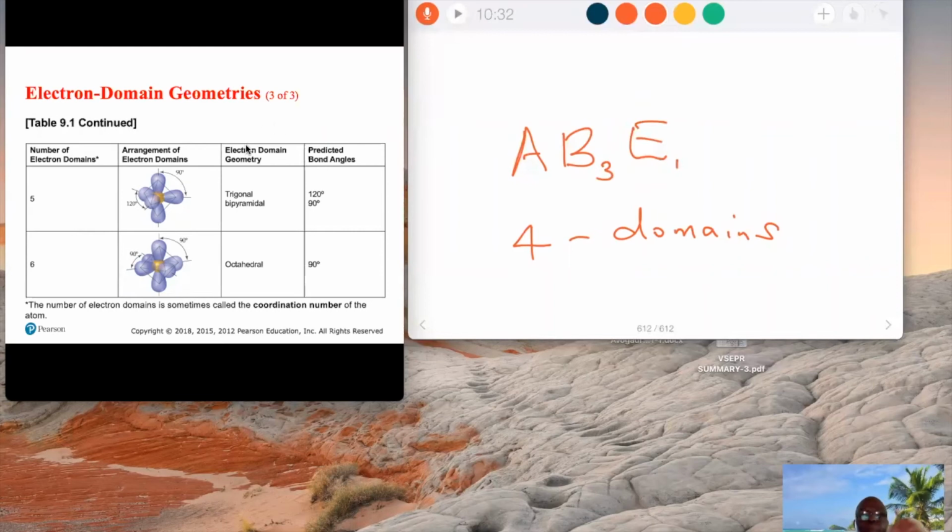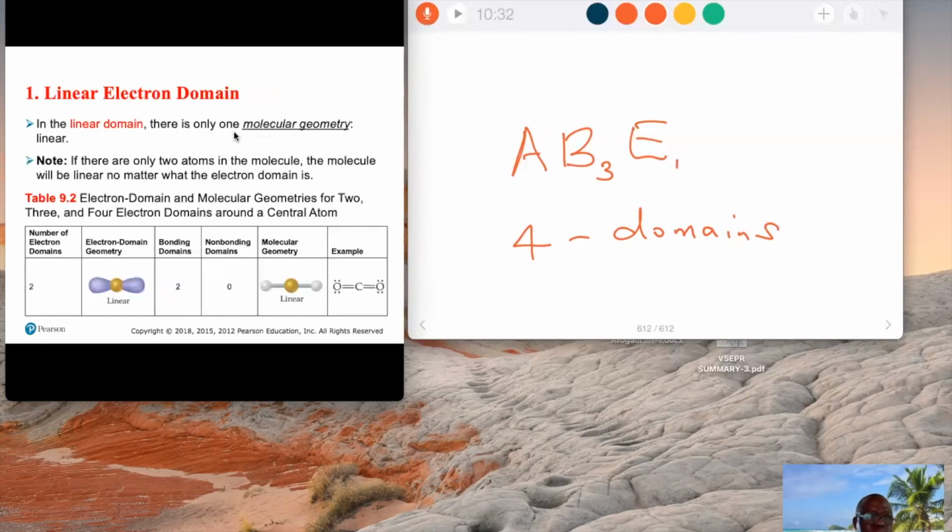The point here is, how should I predict the molecular geometry based on the domains? I don't want you to just look at the chemical formula and say this is linear.